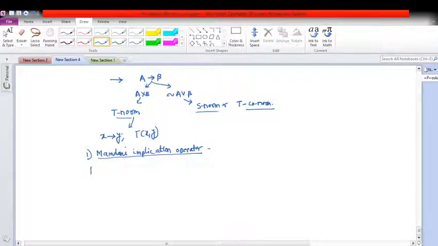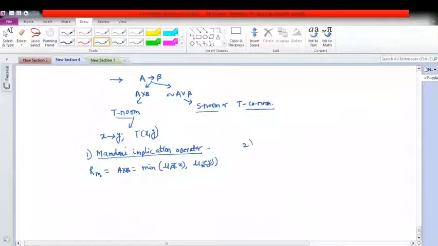Okay, and using Mamdani implication operator can be obtained as A coupled with B, which is as good as the minimum operator, and minimum operator from mu A bar of X with mu B bar of Y.